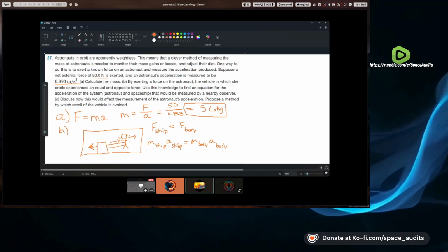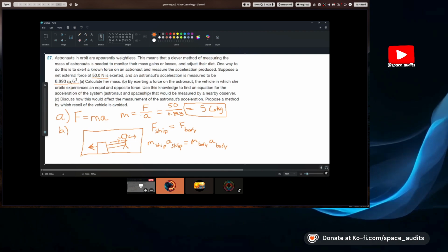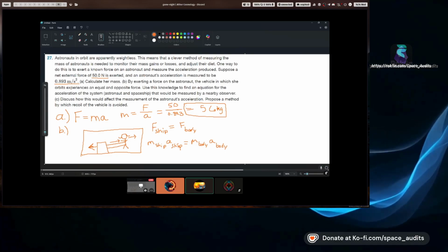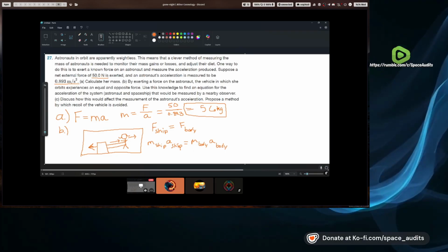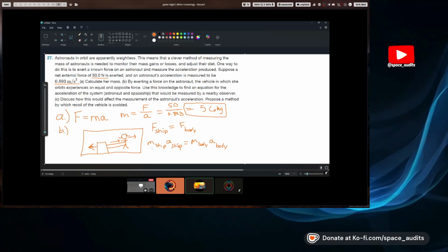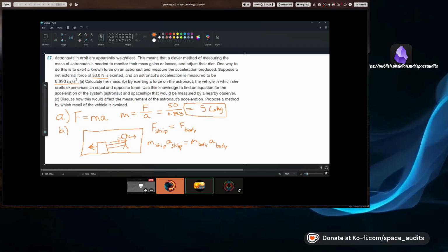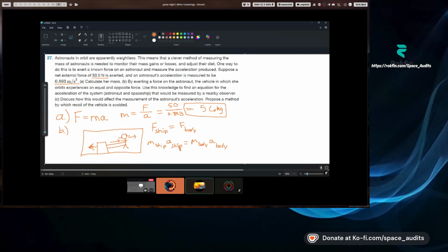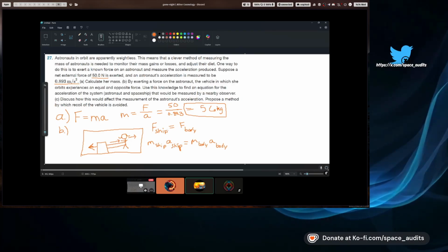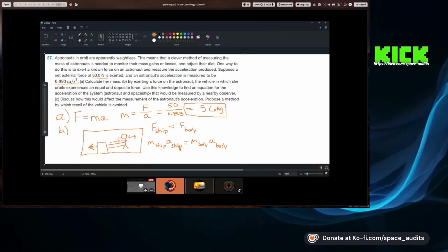You can see very quickly that if we only knew the mass of the astronaut and how fast their body's accelerating, and how fast the ship was accelerating, for this outside observer, we could use this to figure out how much the ship weighs, or vice versa. We could solve for any of these variables as long as we had the other ones. So this is useful because it allows us to know things not only about the astronaut, but also about the ship.